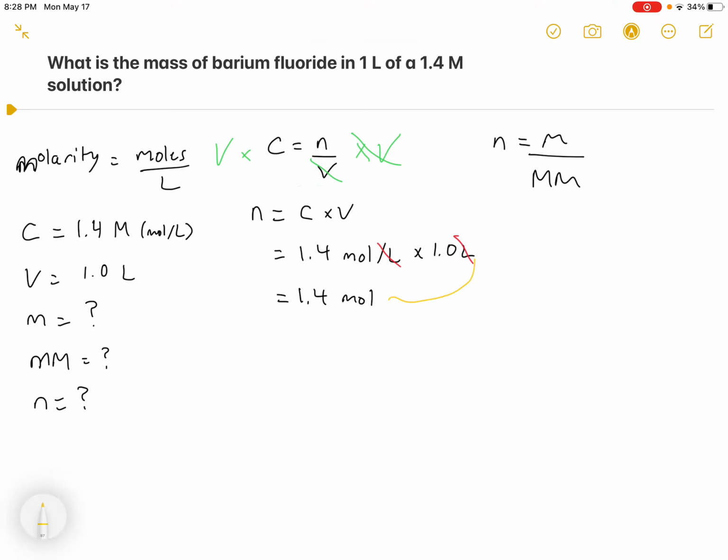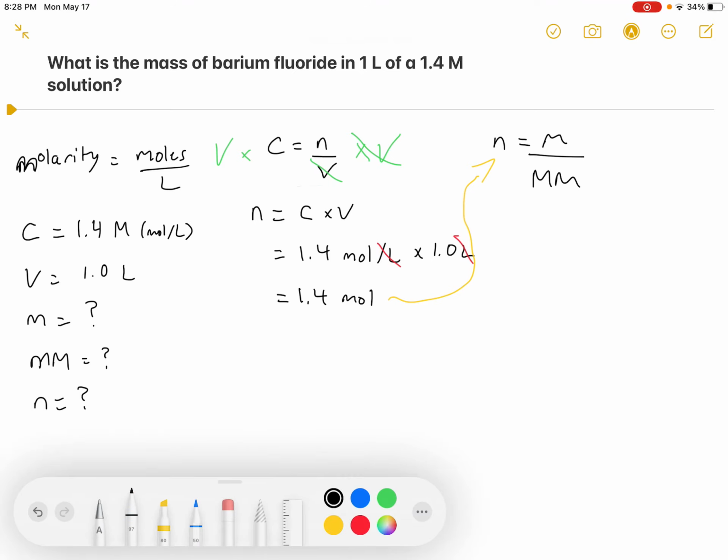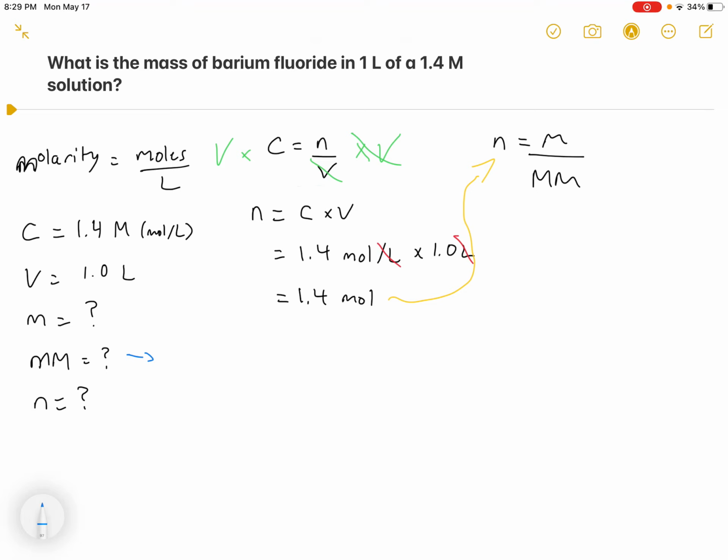So now that we have moles, we're going to be able to take that into our other equation to be able to solve for the mass that has been asked for. Now what we're also going to need to remember is that we need to find the molar mass. So this is where our naming and all the IUPAC rules come up again, because we know that barium fluoride, we should know that that's BaF2.